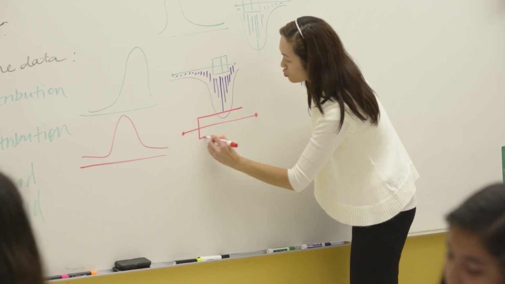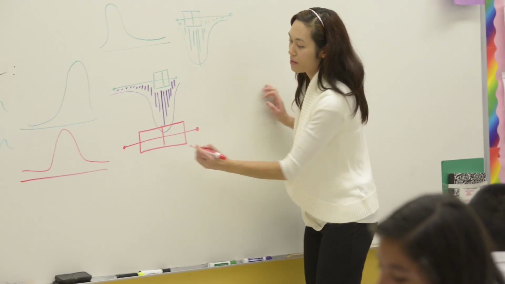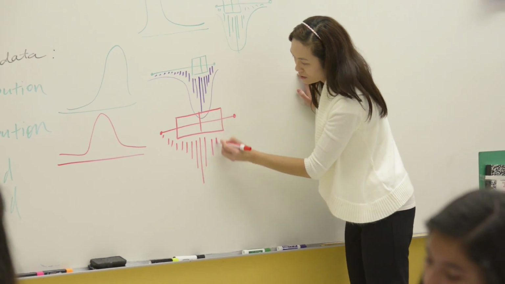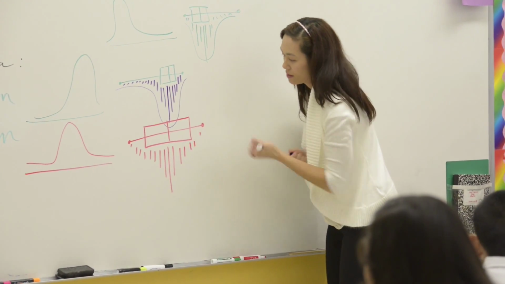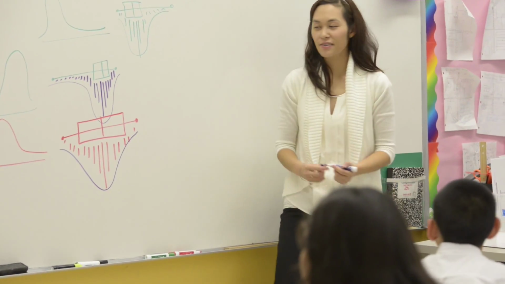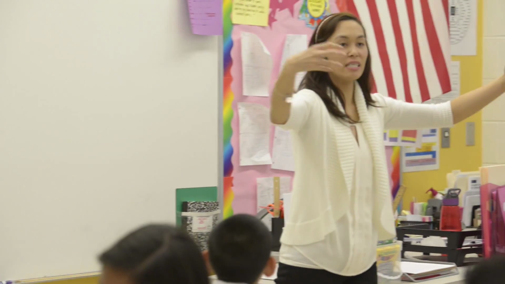Okay, so now let's make the box plot. If you had normal distribution, it would kind of look like this. Okay? I'm going to make the beard. Now tilt your head. Do you see it? Okay, that's normal distribution, where all the data is spread out pretty evenly. And then who talked to me about the spread again? Who mentioned spread?